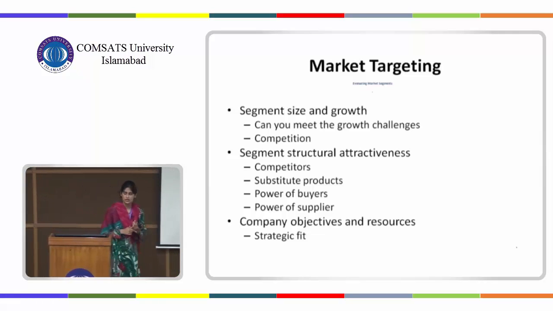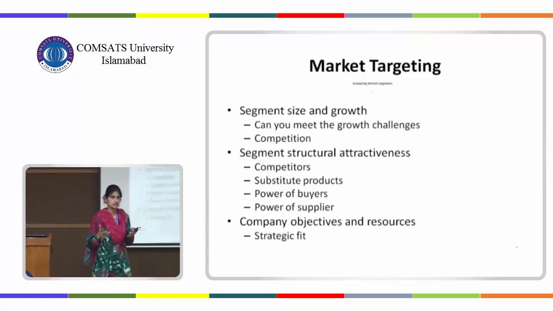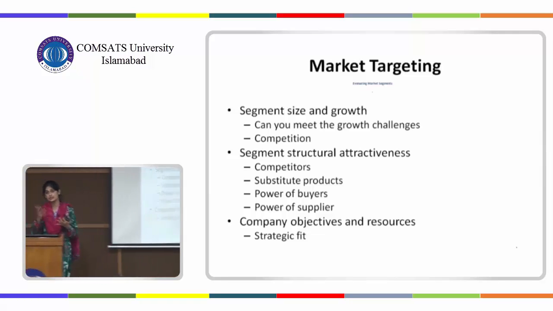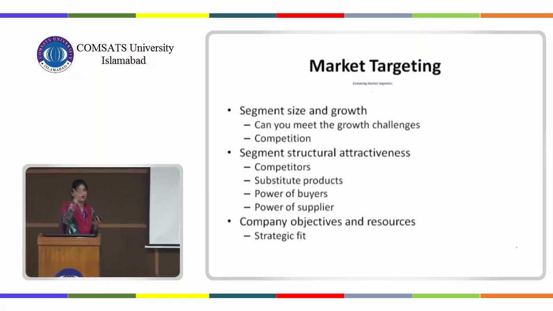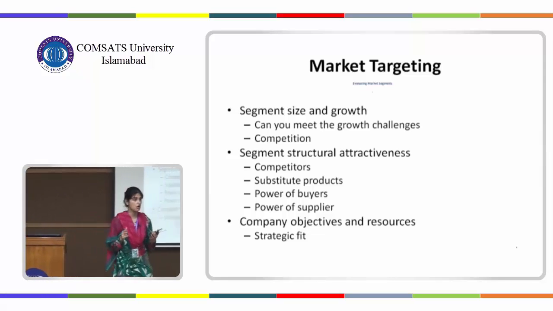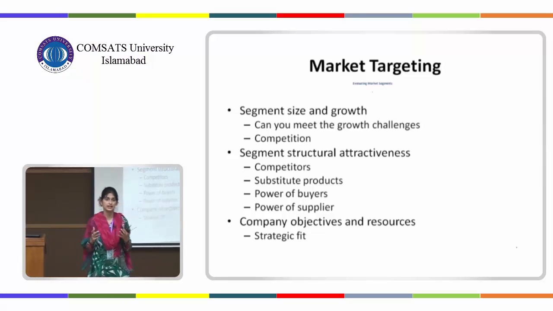Then how many substitute products are available? If there are a lot of substitute products, that means it is essentially a price elastic market. Can you sustain the power of the buyer and the power of competitors in a price elastic market? Then we talked about the power of supplier, how powerful your supplier is.